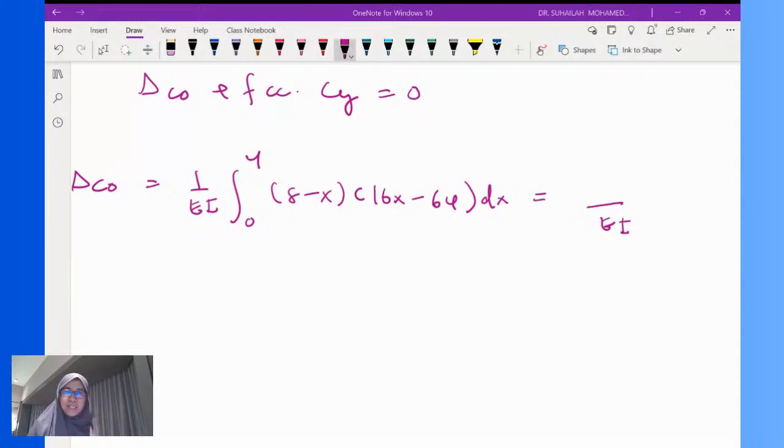Please write for me the answer for the integration.